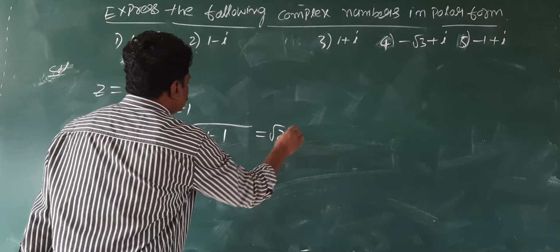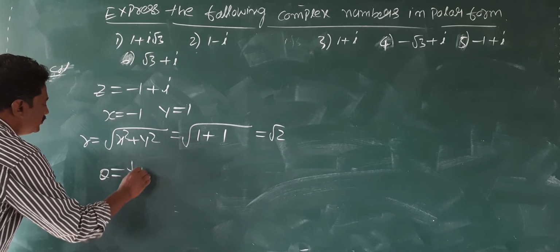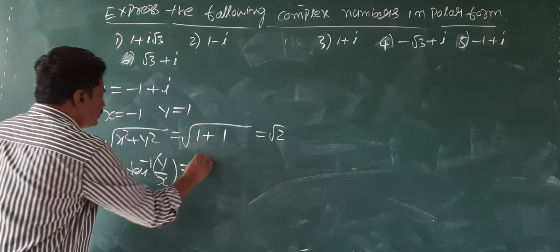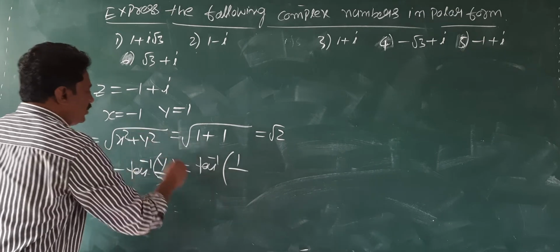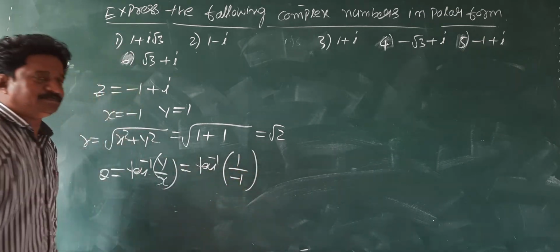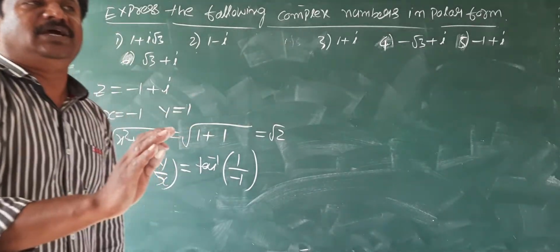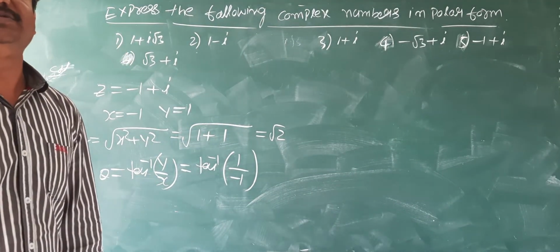So root 2. Now you calculate theta. Theta equals tan inverse y by x. So tan inverse, y means 1, x means minus 1. I told you, put the numerator minus directly outside, and for the denominator minus you use pi minus.